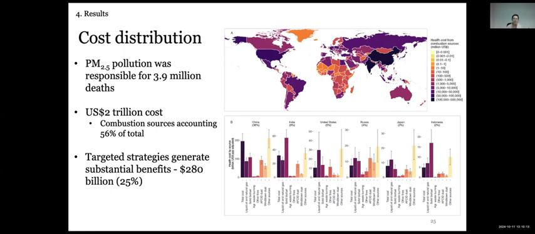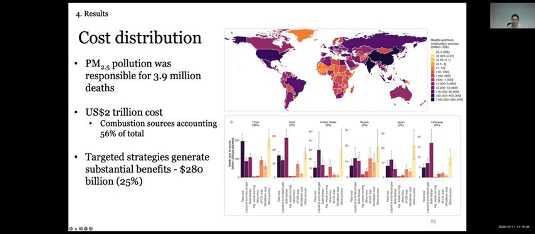So basically, we find that PM2.5 was associated with almost 4 million deaths each year in 2019, and that disease burden actually incurred around $2 trillion in health costs, and combustion sources accounted for 56% of the total health costs.